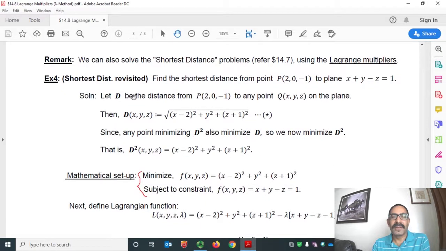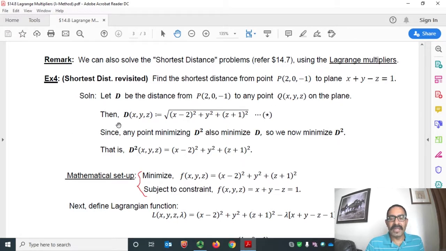Let's revisit the shortest distance problem that we did in section 14.7. So the question was, find the shortest distance from the point P to the plane. The plane is x plus y minus z equals 1. So begin the solutions. Let d be the distance from the given point P to any arbitrary point Q on the plane.